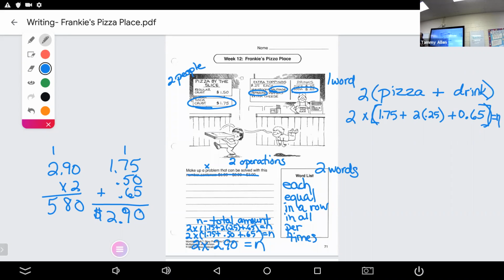Where does my decimal point belong? So my cost is $5.80. Did I lose anybody on any of those steps?